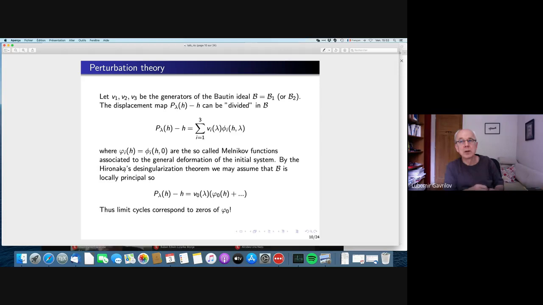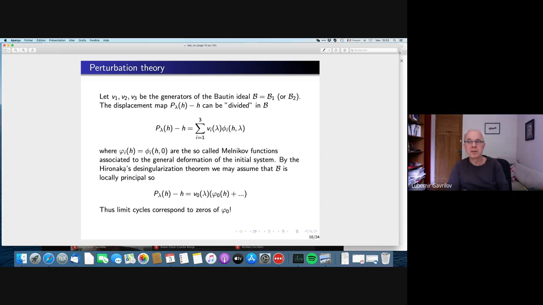So this is what we call perturbation theory. The general problem is to describe the phase portrait for the deformed system. Of course, if possible, describe also the bifurcation diagram: for which parameters we have this portrait, for which parameters we have another portrait. The general approach uses always the Bautin ideal. This is some specific situation which is related to the fact that our system is of infinite codimension.